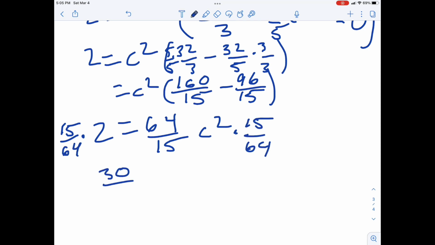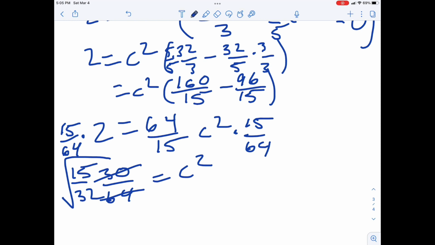I'm left with 30 over 64 equals c squared. I'm going to simplify this by dividing by 2 in the numerator and denominator, so I get 15 over 32. And then to solve for c, I need to take the square root of this, so I'm left with c equals the square root of 15 over 32.